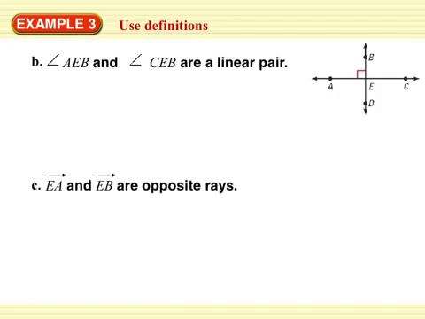Next question, same diagram. Angle AEB and angle CEB are a linear pair. The definition we know about linear pair is they share a side. Okay, there's the side that they're sharing, so that is also true.